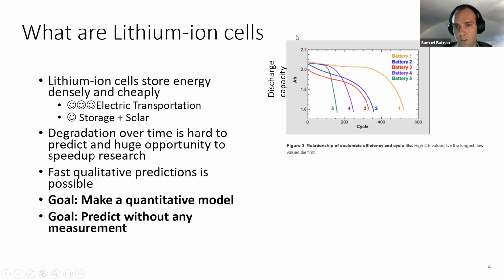And then for each discharge of the battery, we count the total capacity that was extracted during that discharge, and that's what we call discharge capacity on the y-axis. And as you can see, as time progresses, this capacity goes down, and eventually the cell will reach a point where it's no longer useful because it lost too much of its initial discharge capacity.